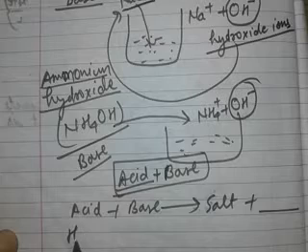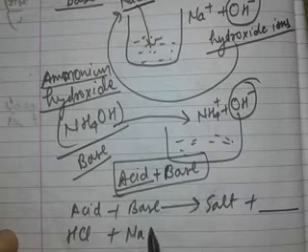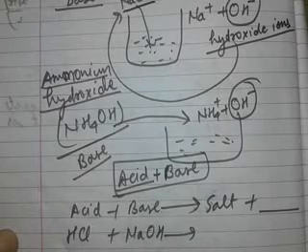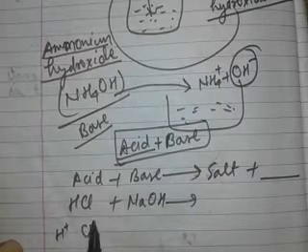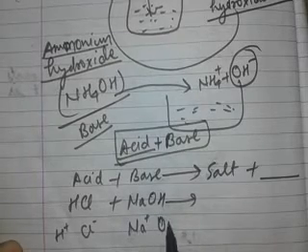For example, if we take HCl and NaOH, which is a base, they break down into H plus and Cl minus, and Na plus and OH minus.